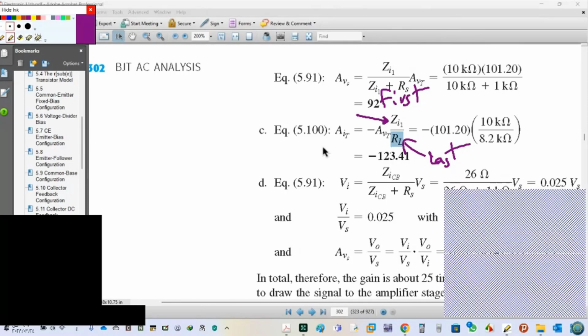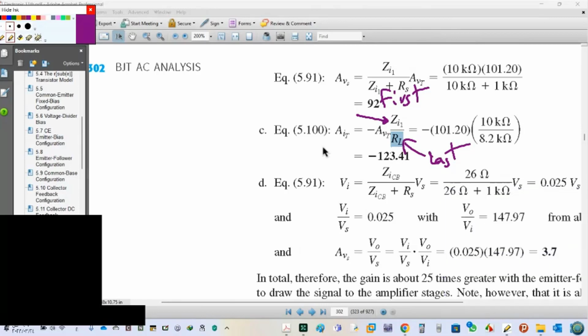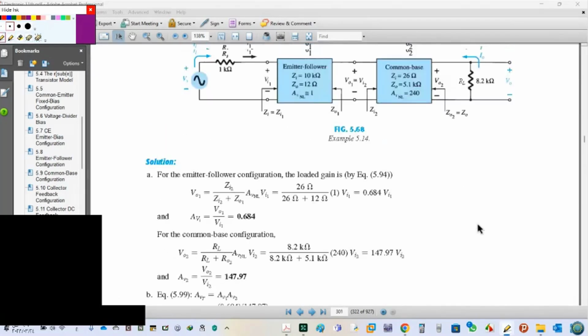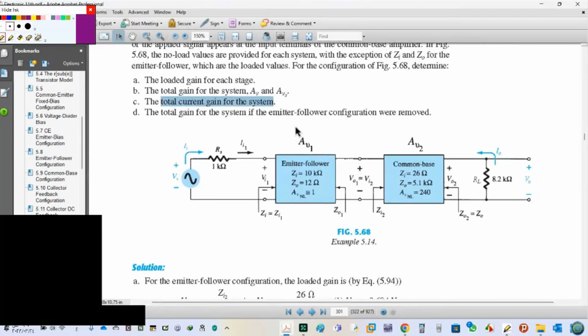Okay, now let's continue and return back to the question. The total gain for the system: the emitter follower configuration was removed. He told me in this example that this one is cancelled, so I will connect this directly to this.